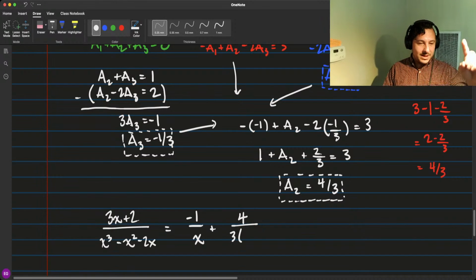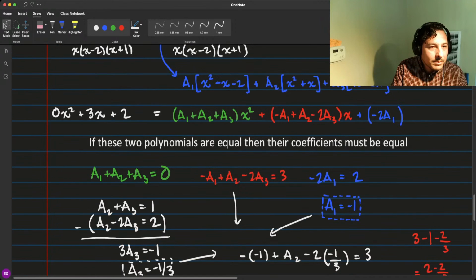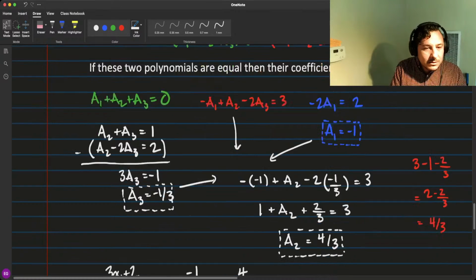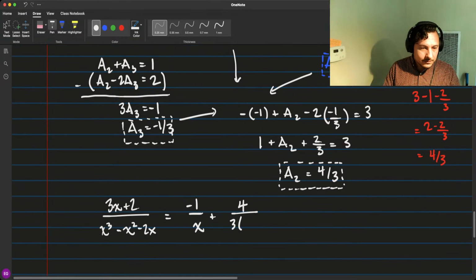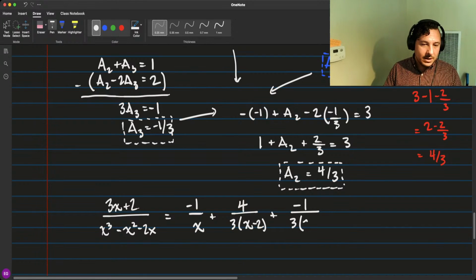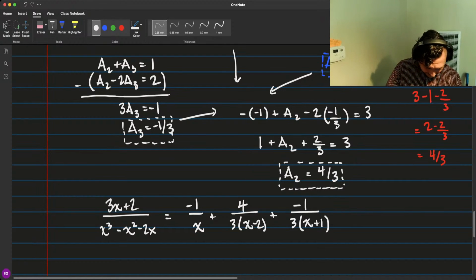And then that was multiplied by, or that was on the bottom, x minus 2. Plus your a3, which is negative 1/3, so you're going to have minus 1 over 3. And then what did we have on the bottom? x plus 1. So yay! We have our partial fraction decomposition.